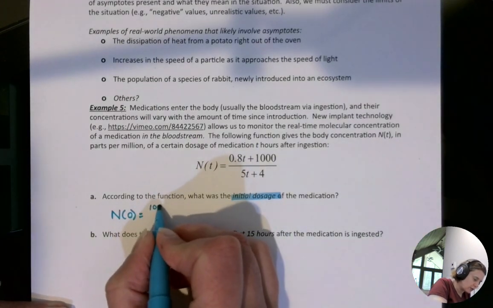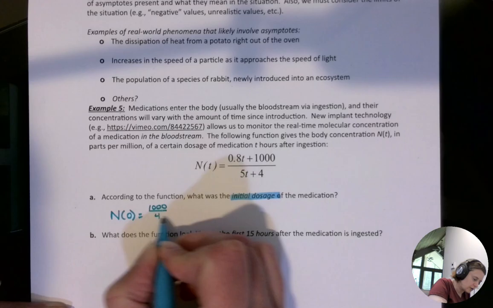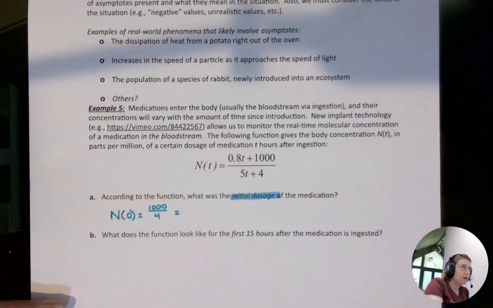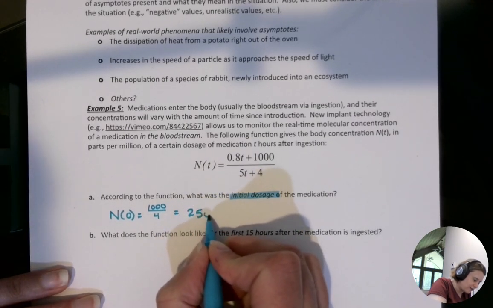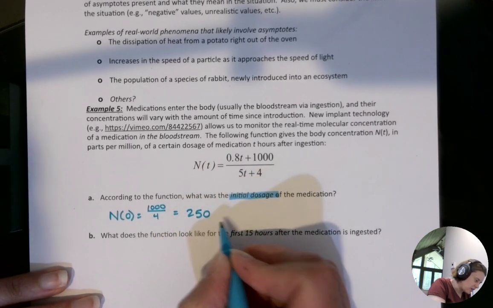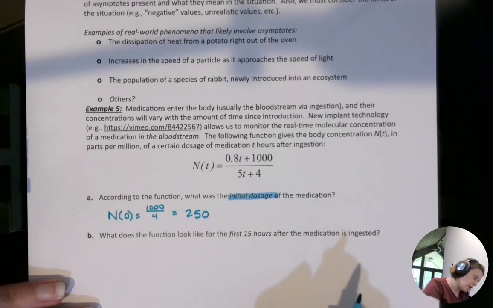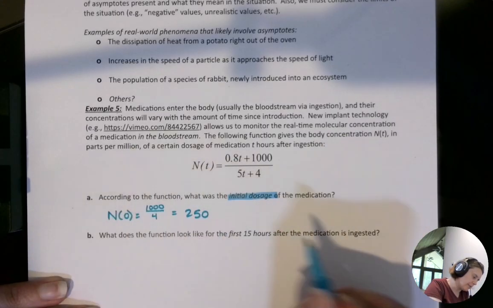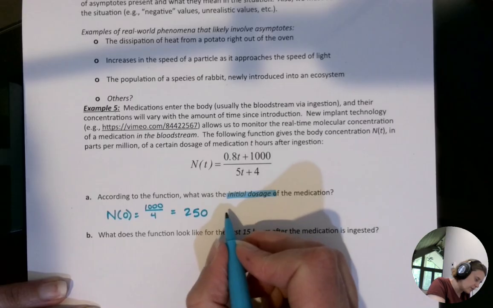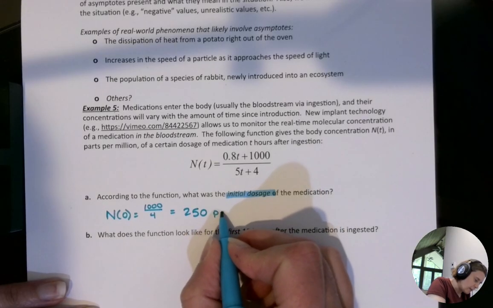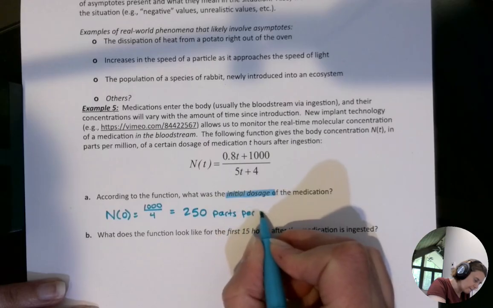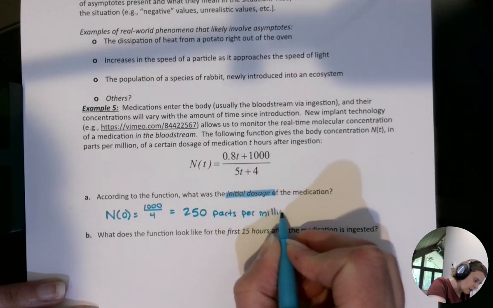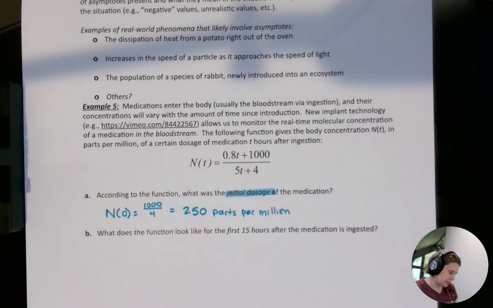So it's going to be equal to 1,000 divided by 4. 1,000 divided by 2 is 500. So divided by 4 would be 250. And I think this was in parts per million. That's the units here. So 250 parts per million was the initial dosage of this medication.